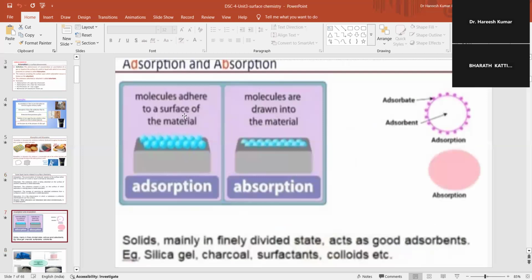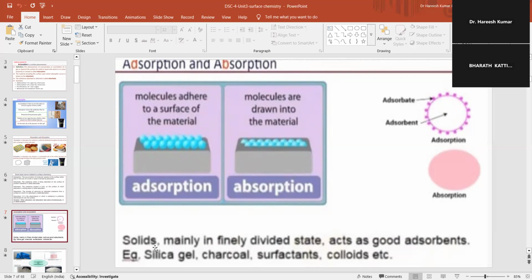Molecules adhere to the surface of the material. This is again adsorption. And here molecules are drawn into the material. This is again absorption. If we are looking at these two, this is an example of adsorption and this is absorption. Here molecules or substances are present throughout the sample, and here the adsorbate is present on the surface of the adsorbent.